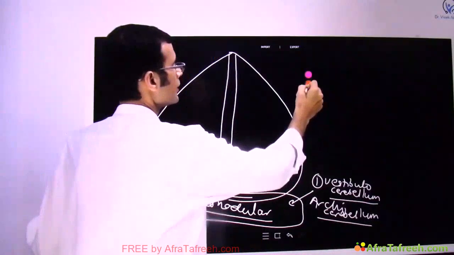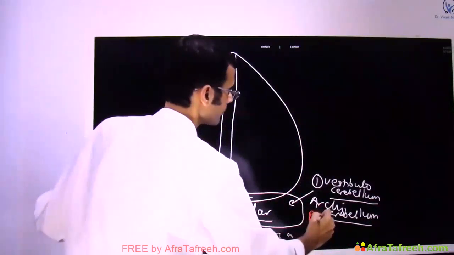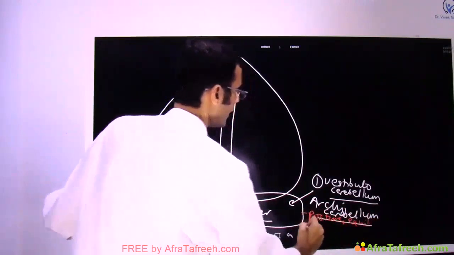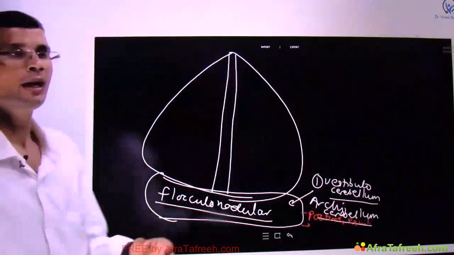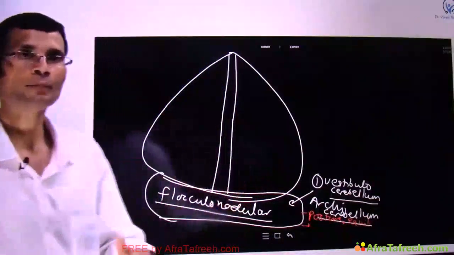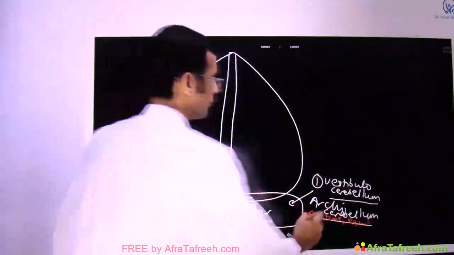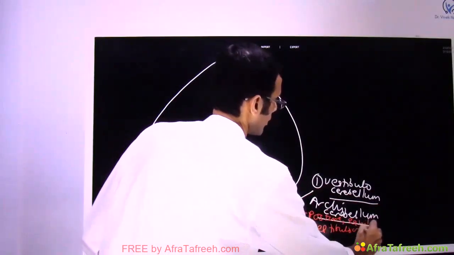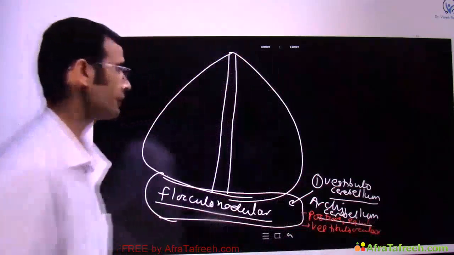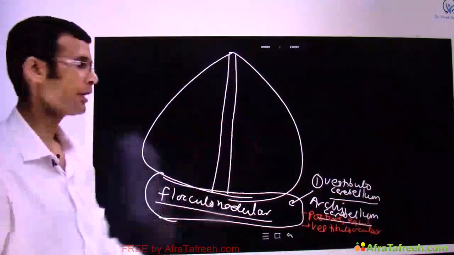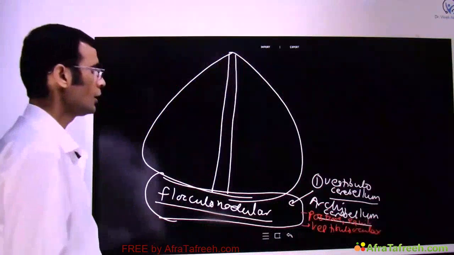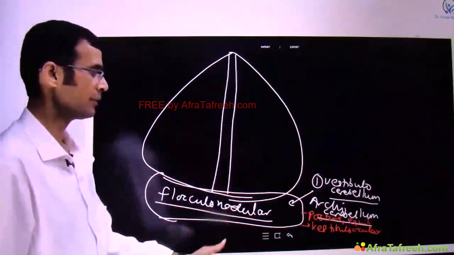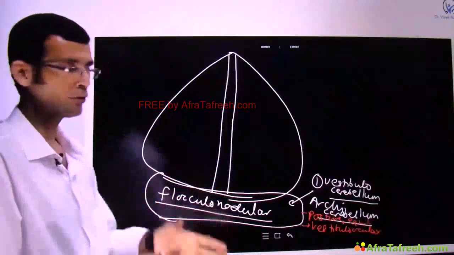One is to control the posture and equilibrium, and the other is to control the eye rotation in response to head movement, better called the vestibulo-ocular reflex, as we have described in the vestibular apparatus. So, flocculonodular lobe, vestibulocerebellum, or archicerebellum are all names of that same part.